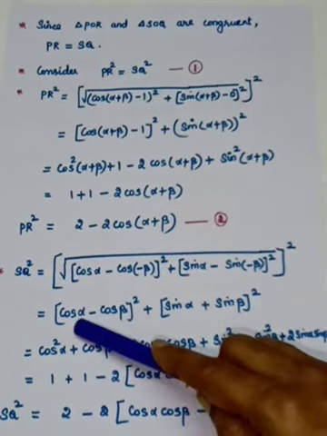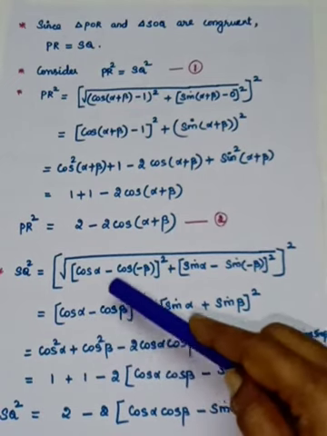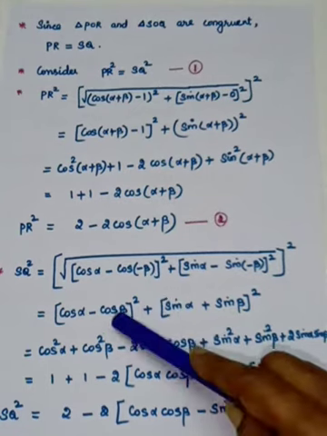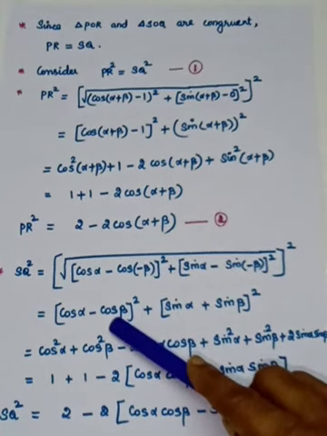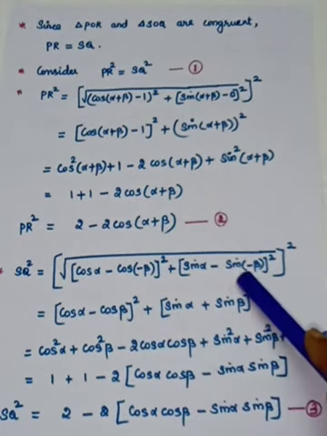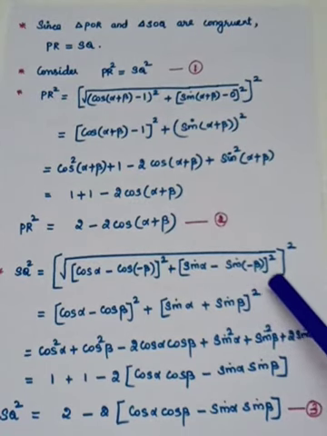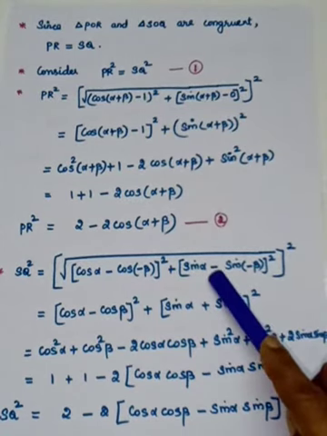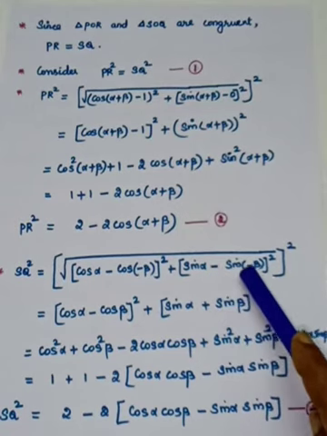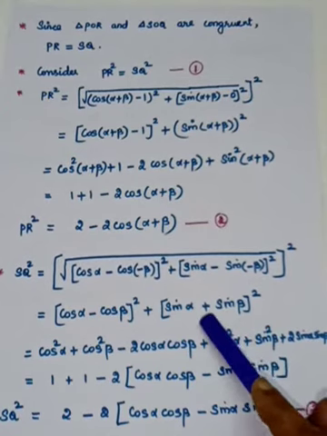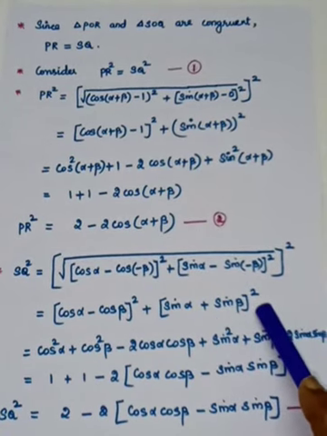Here, cos alpha minus cos of minus beta: you know very well cos of minus theta is cos theta, so here I have written cos beta. In the same way, sin of minus theta is minus sin theta. Already in the formula you have a minus, and when you apply this you get one more minus, so minus into minus gives plus sin beta the whole square.